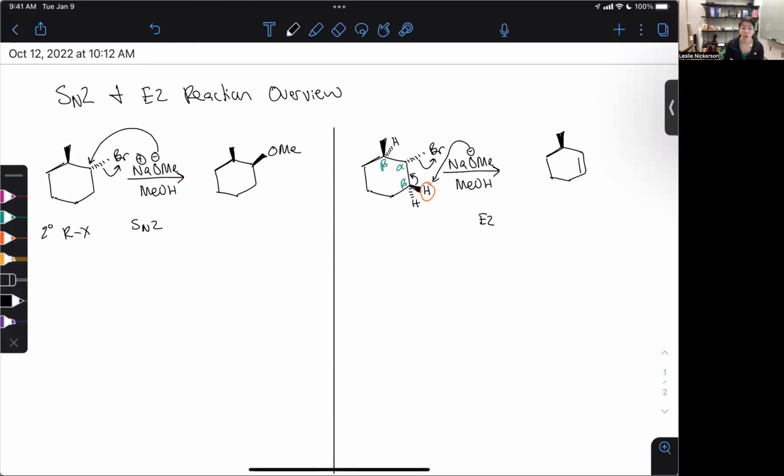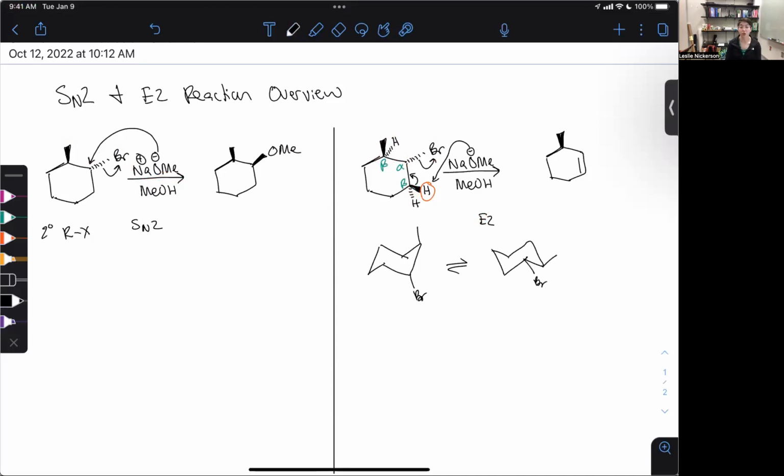One thing to keep in mind here is if we look at the chair, I've got methyl up, bromine down, do my flip, and then I've got methyl up, bromine down.